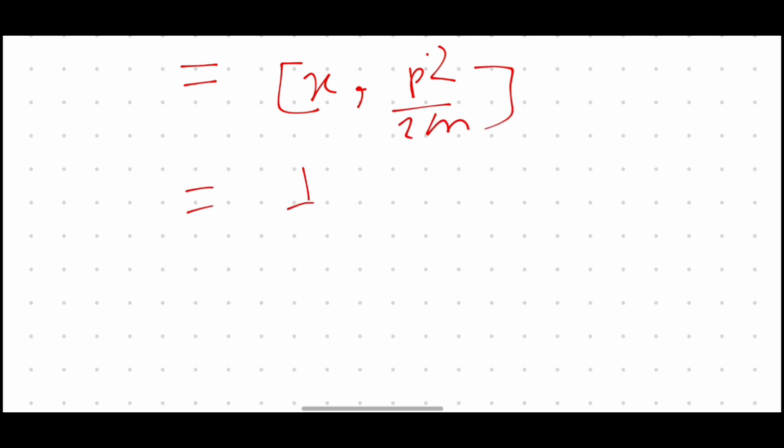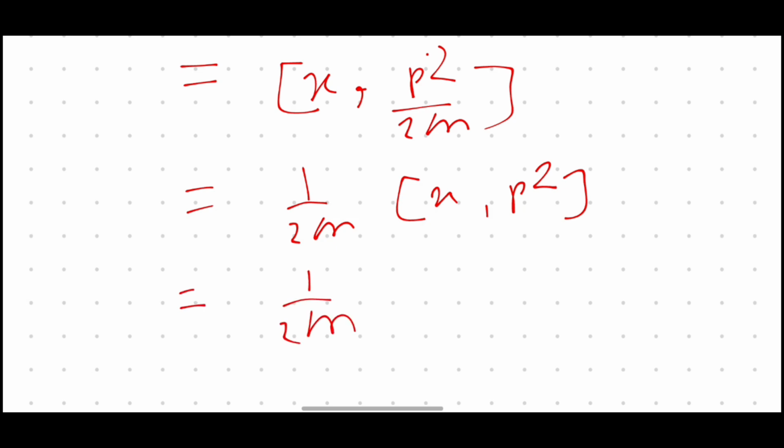Now, what about the other one? So the other term was x comma p square upon 2m. So we can take 2m outside, and this is x comma p square, where x comma p square actually is a value which is given by 2 i h cut p, and it is also the same for y comma p square, and similar for z comma p square.